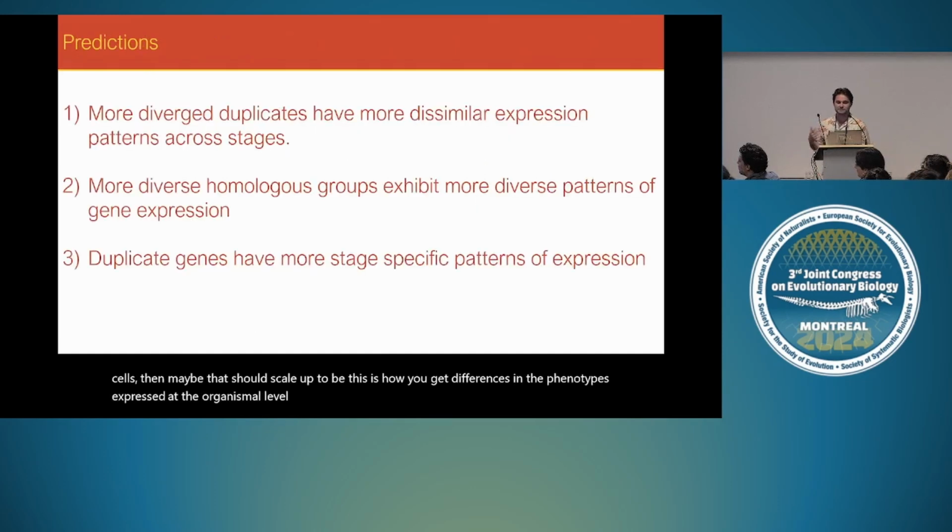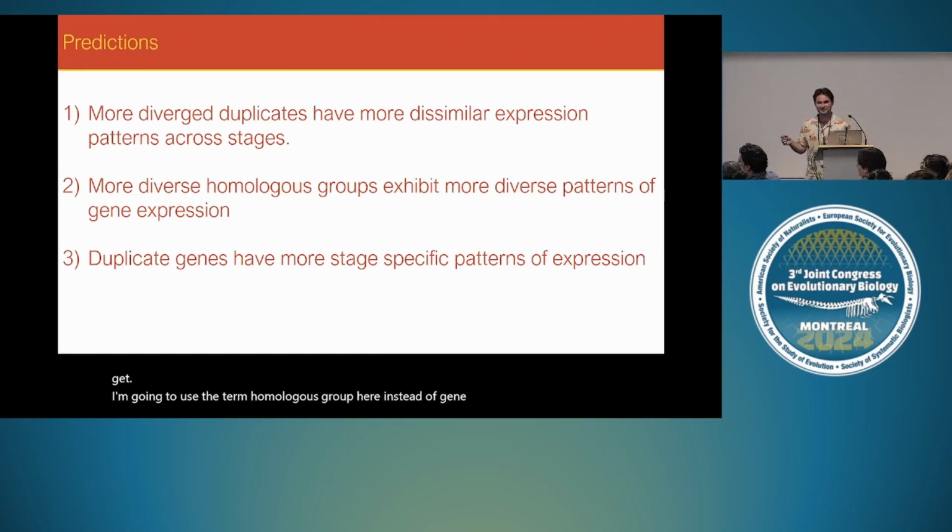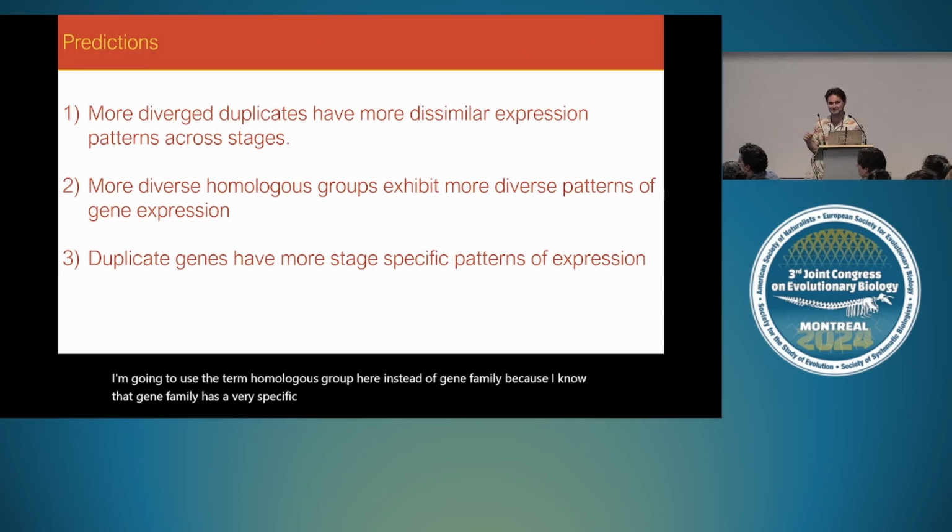So there's a series of predictions that you would have with this: the more duplicates have diverged from each other, the more dissimilar their expression patterns will get. I'm going to use the term homologous group here instead of gene family, because I know that gene family has a very specific meaning to some people.